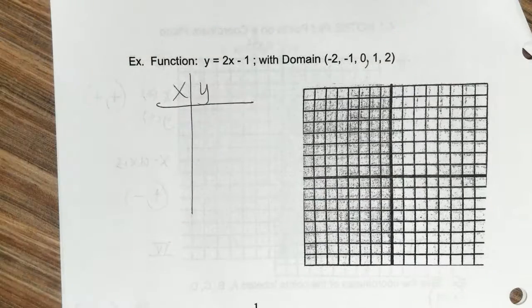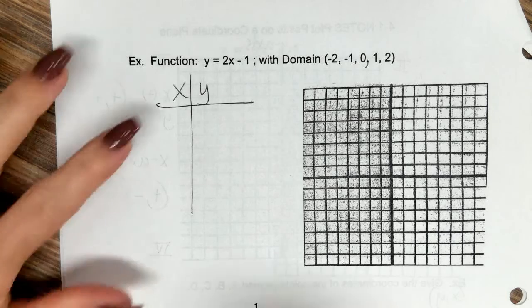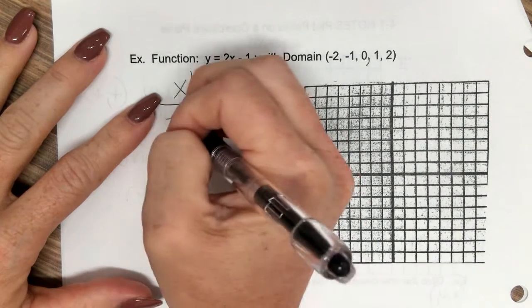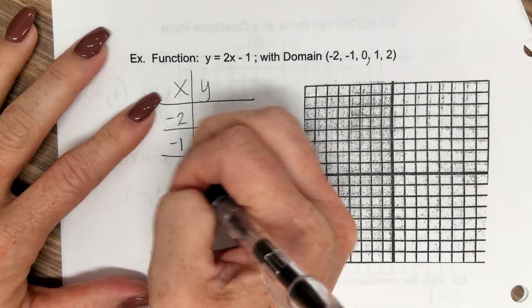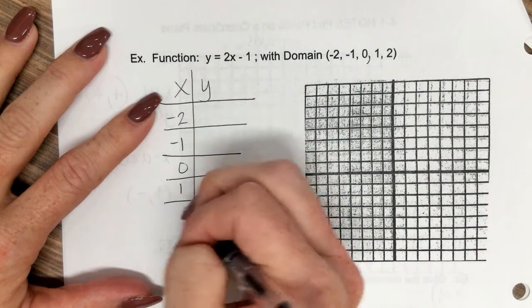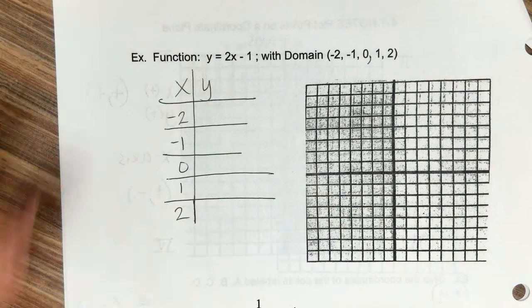Do I get to pick the coordinates? No. What does my x's have to be? Negative 2, negative 1, 0, 1, and 2. This is very important that you use the domain they say and that you only graph the points they want.